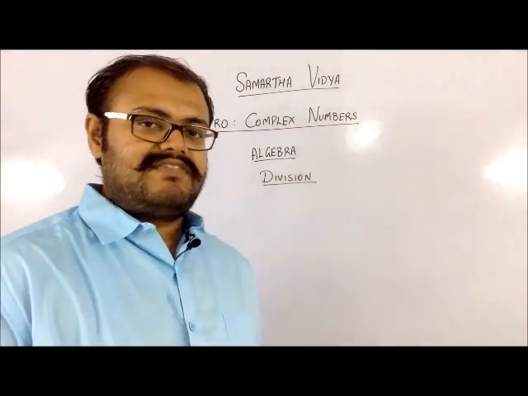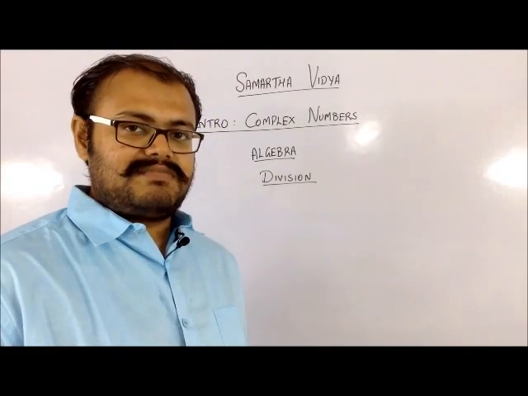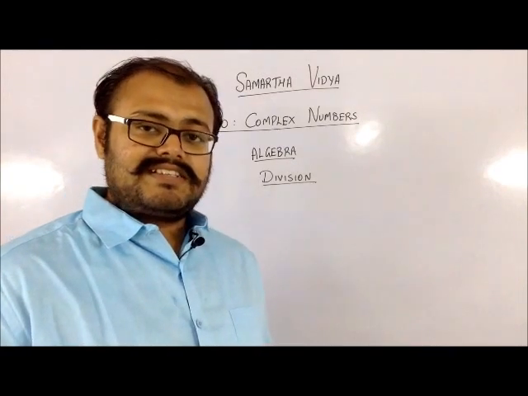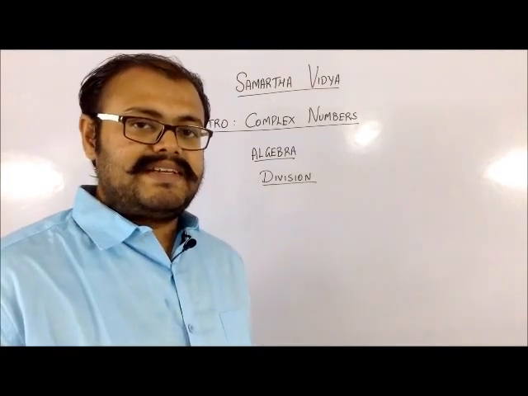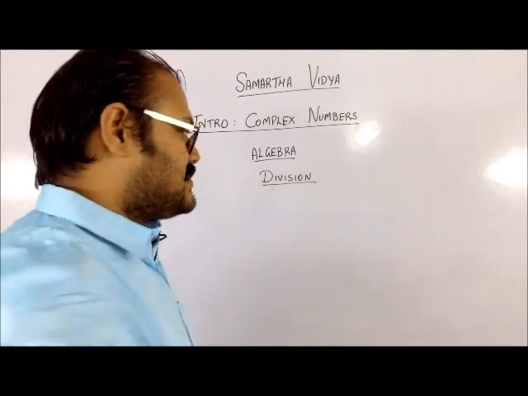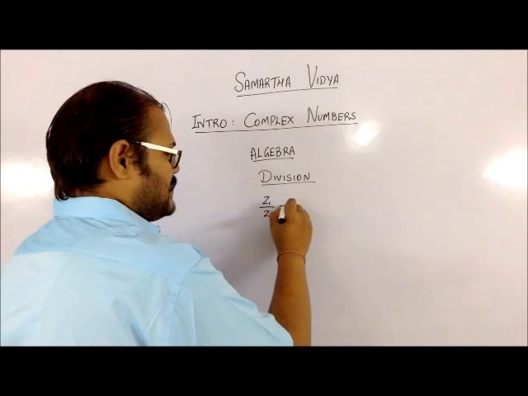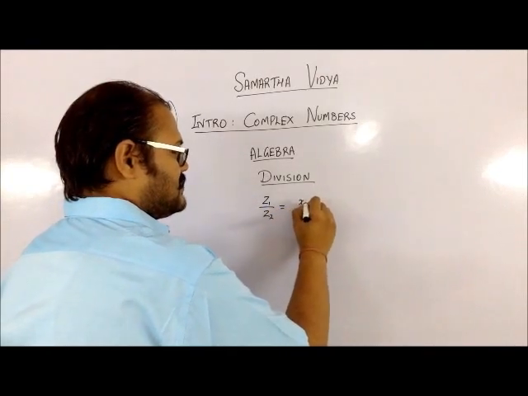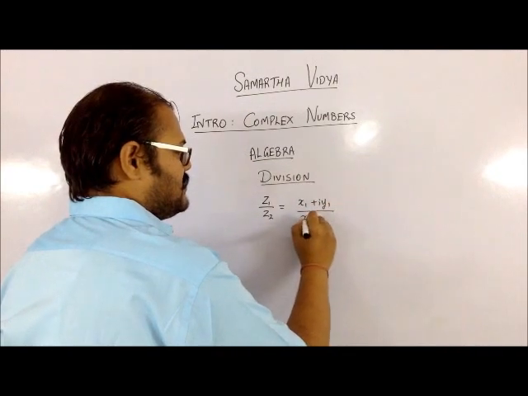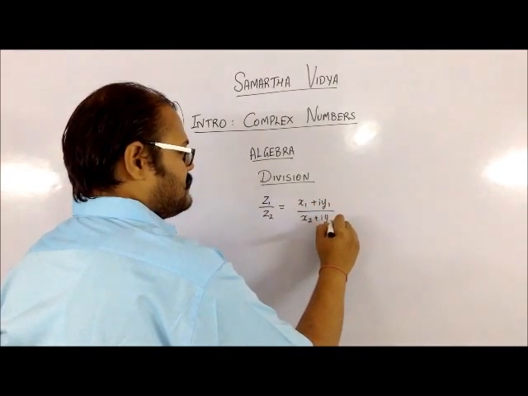While you are dividing two complex numbers, it is not the same as division of real numbers. Whenever you are dividing a complex number, you have to multiply the complex number by a conjugate. Let us see how it is done. If I am finding z1 upon z2 with the same definitions of these two complex numbers, z1 is x1 plus i y1 and z2 is x2 plus i y2.